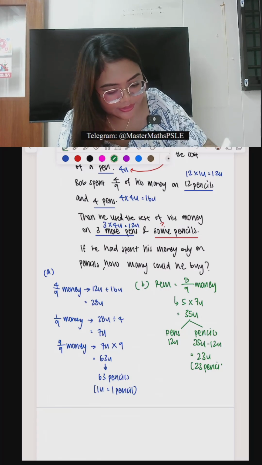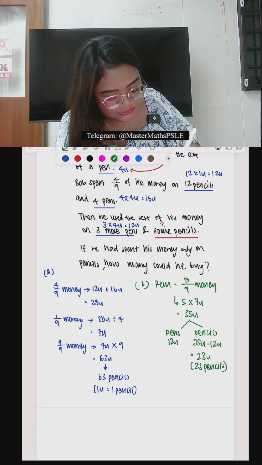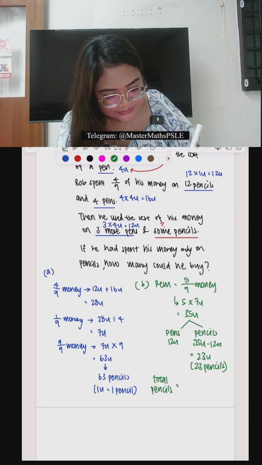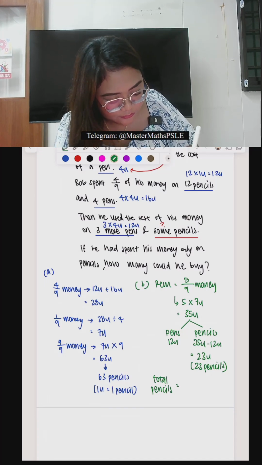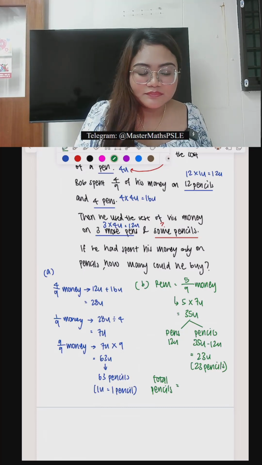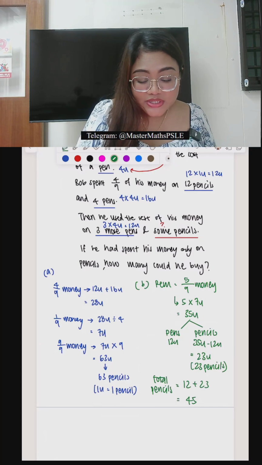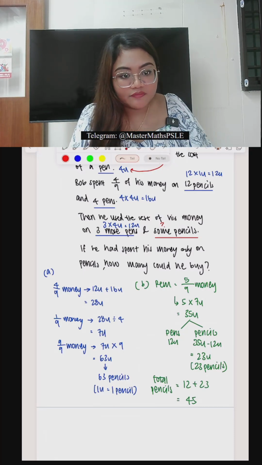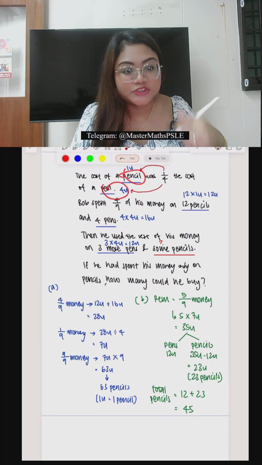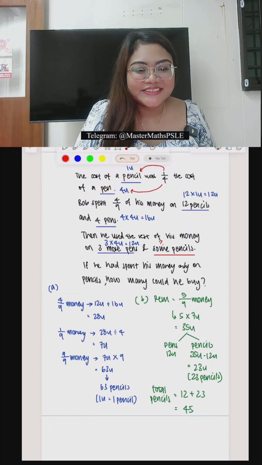I can add that with part A. Total pencils will be 23 plus the 12 that he bought initially equals 45. Okay? I'm using units to solve by just converting everything into units. The pen changes into units, pencil also changes into units. Okay. Does this answer your question?